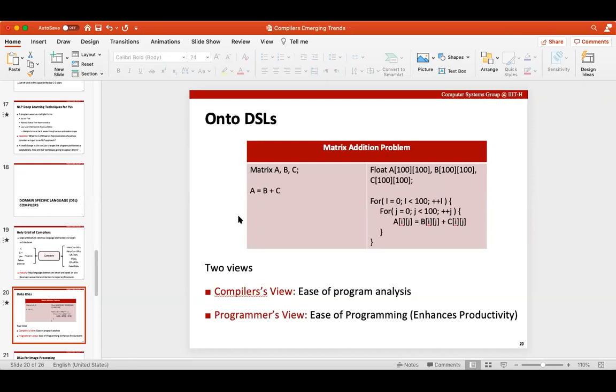If you stick to the left-hand side, it helps the programmers because they write less code, programmer productivity is improved, and from the compiler's perspective, the rich information in the program is preserved. On the right-hand side, programmer productivity went down, number one. Number two, from the compiler's perspective, the analysis required to extract any kind of information from it is humongous.